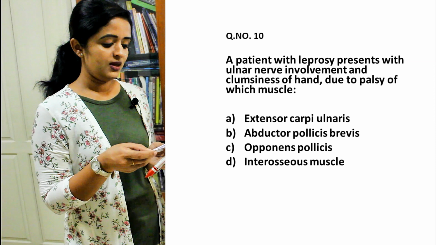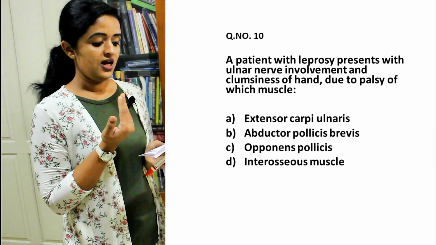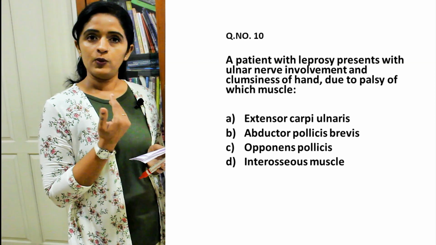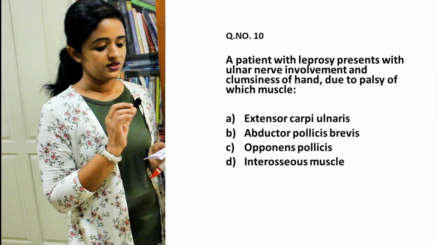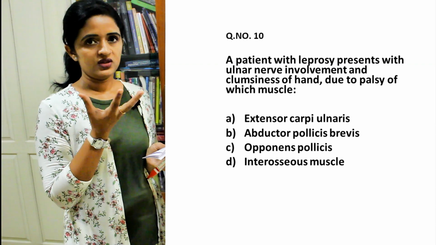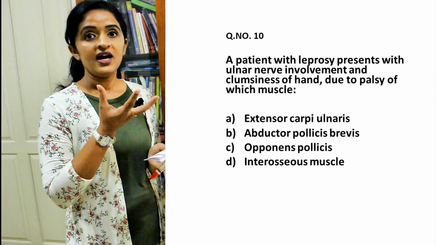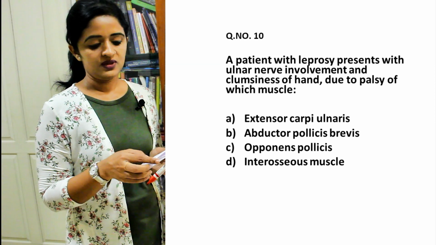So we can see many muscles as options: extensor carpi ulnaris, abductor pollicis brevis, opponens pollicis, interossei muscles. So among these muscles, the main contribution is by the interossei muscle. So they are actually responsible for the entire clumsiness of the hand. So we can opt for the interosseous muscles.